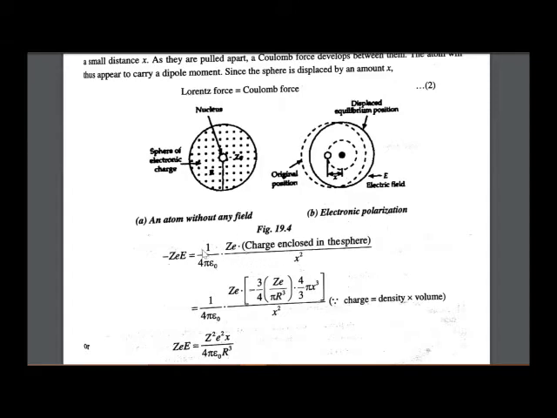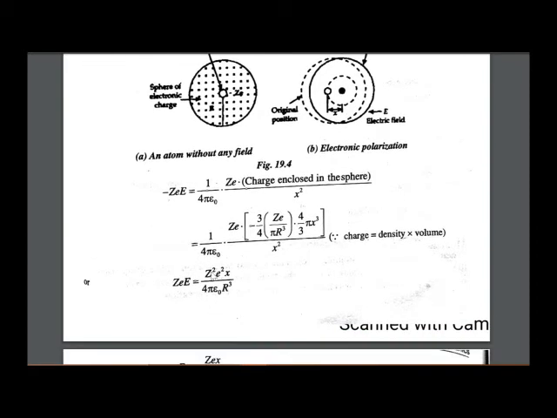Use the Coulomb force formula 1 by 4 pi epsilon naught into Q1 Q2 by d square. Q1 is the charge of the nucleus, that is Ze, into Q2, the charge enclosed in the sphere, divided by x square.